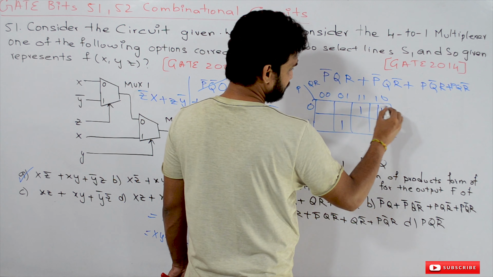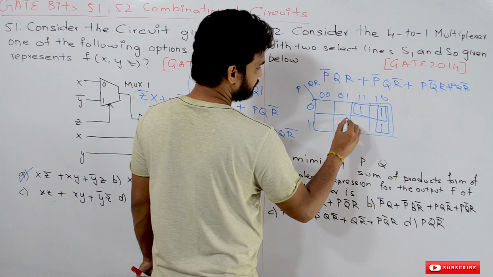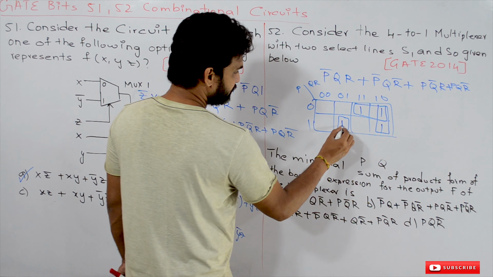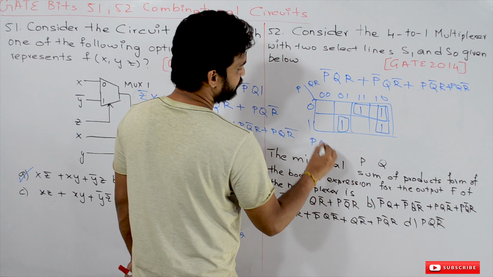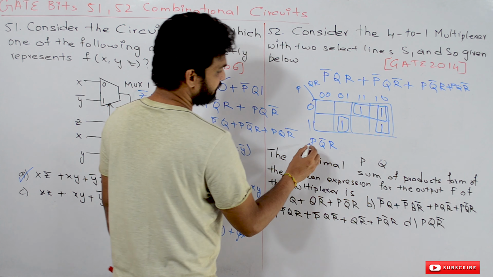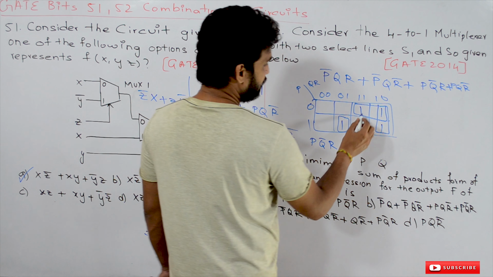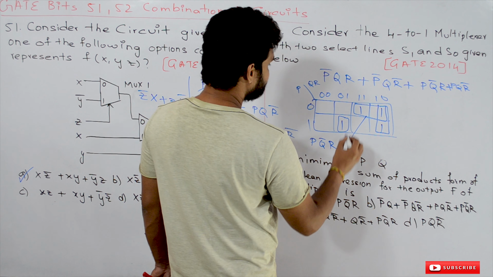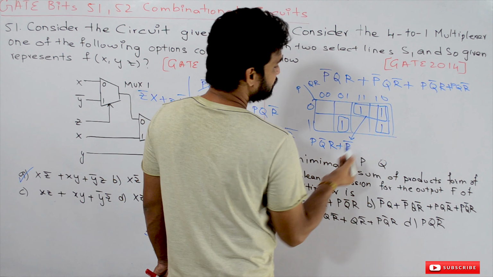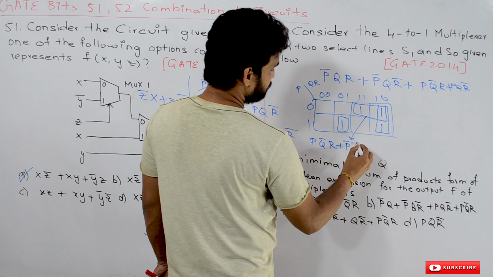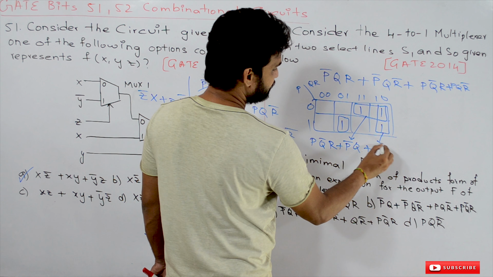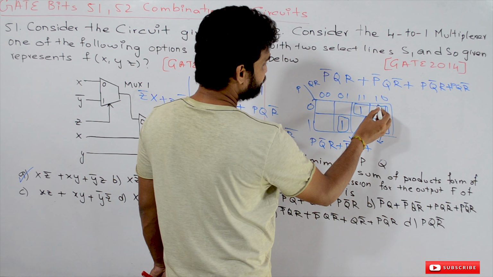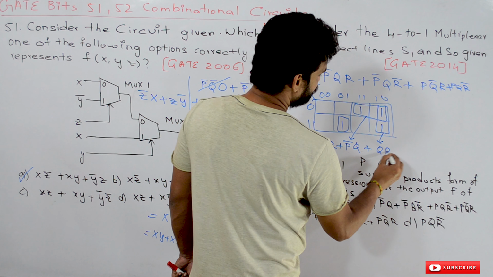The subcubes are these. This single subcube is equal to p q bar R, this one is equivalent to p bar q, and this one is equivalent to q R bar.